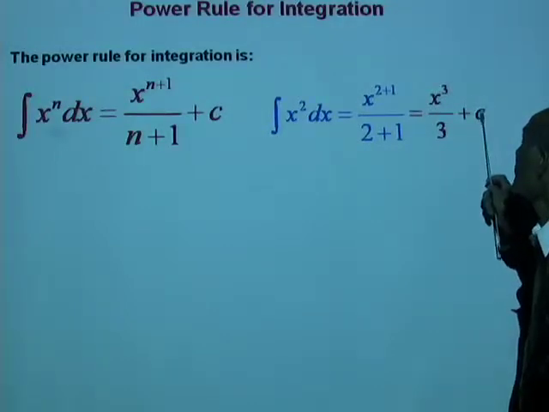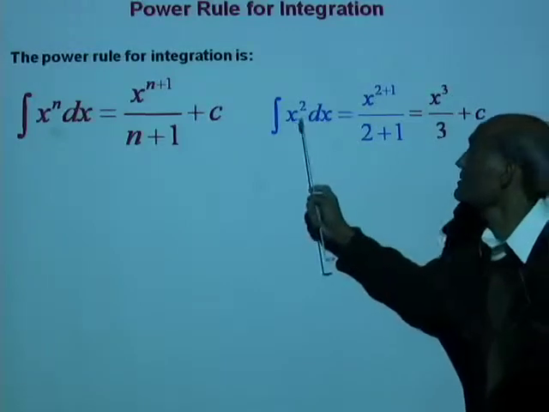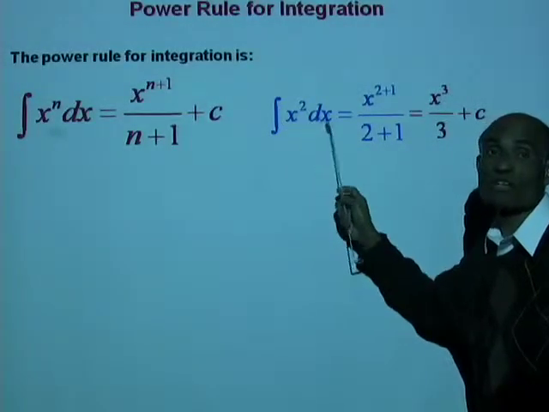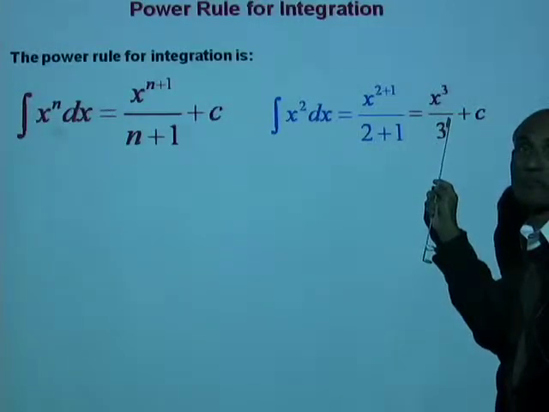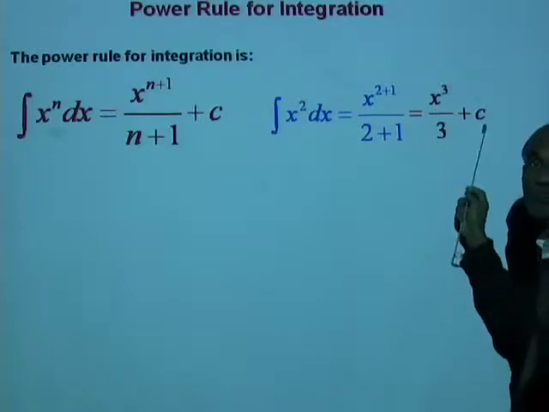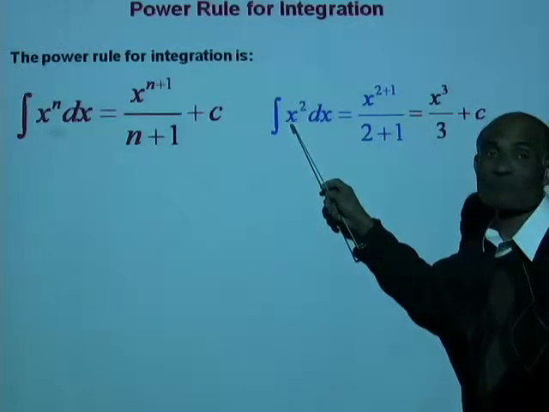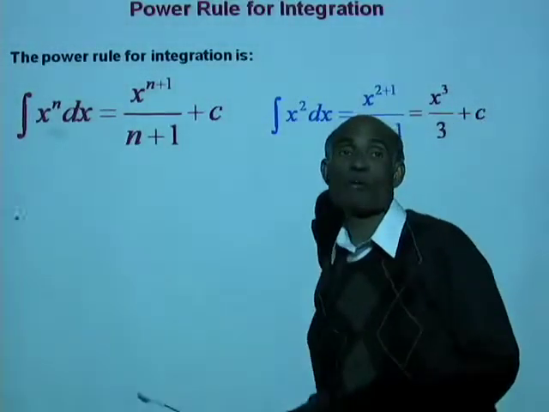The derivative of c is 0. So the derivative of this quantity will be x squared. Integral x squared dx is x cubed over 3 plus c. The derivative of x cubed over 3 plus c is x squared. Okay, so practice the power rule for integration.